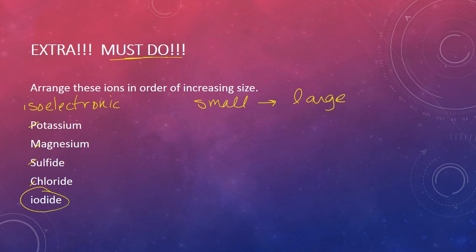Iodide, well, that guy's just going to be huge. I mean, look at all of the electrons it has. And it is just huge. So we know this guy's going to go on the very end. But who's the smallest? Who loses electrons? Remember, cations are always smaller.